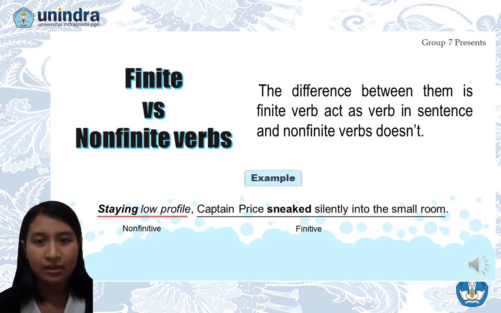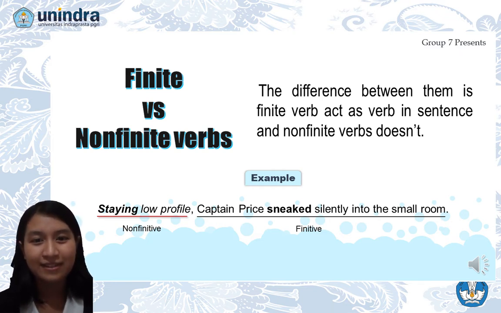So, the finite verb acts as a verb because it has a subject, and a non-finite verb doesn't act like a verb because it doesn't have any subject. It's simply a phrase, hence the name phrase.